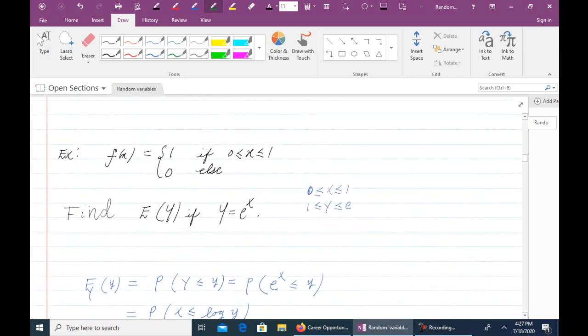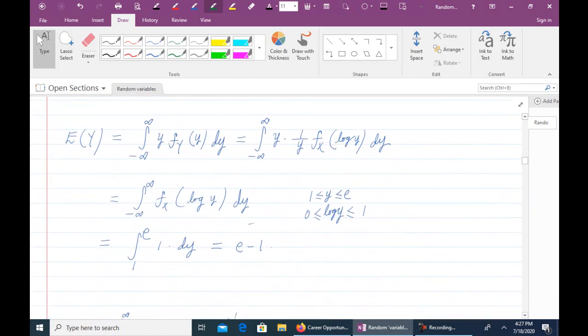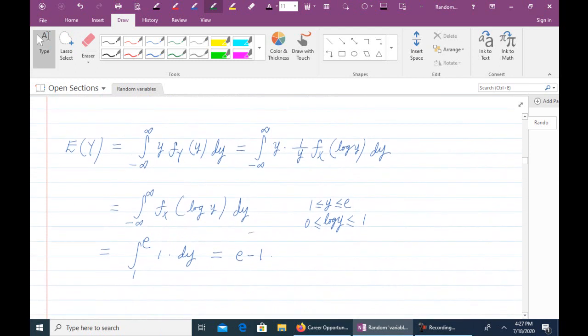The PDF is 0 unless x is between 0 and 1. So that's why in the integral here we require log of y to be between 0 and 1, which means y has to be between 1 and e, in which case the PDF value is 1. Alright, so then we get e minus 1 as the expected value of y.